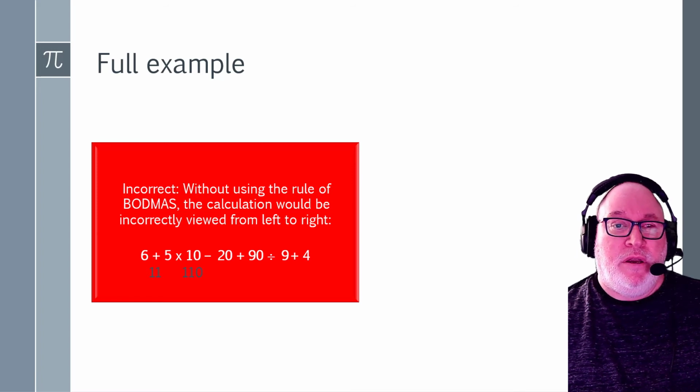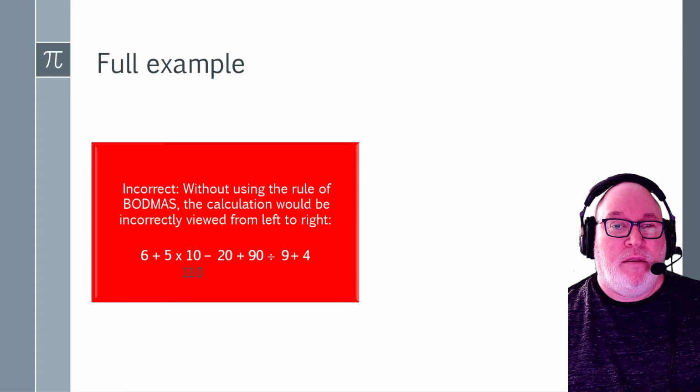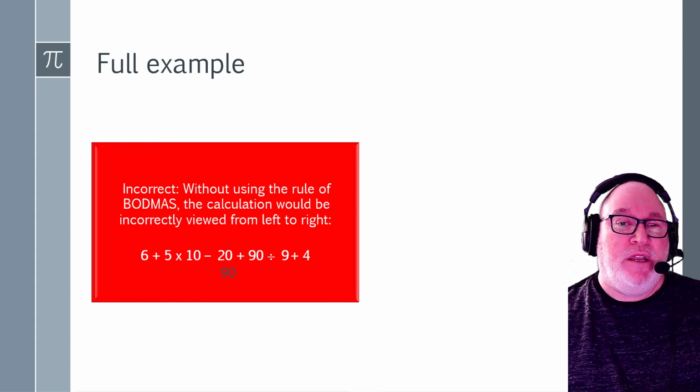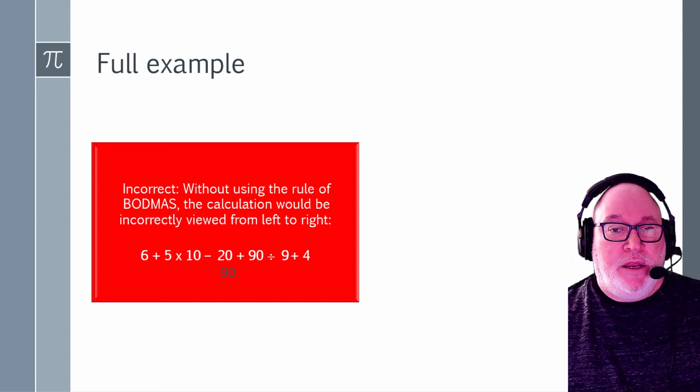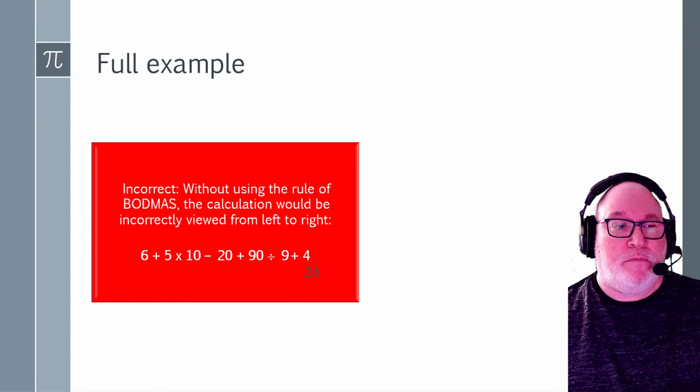The 11 times 10 is 110. 110 minus 20 gives us 90. The 90 plus 90 gives us 180. 180 divided by 9 gives us 20. 20 plus 4 gives us 24.